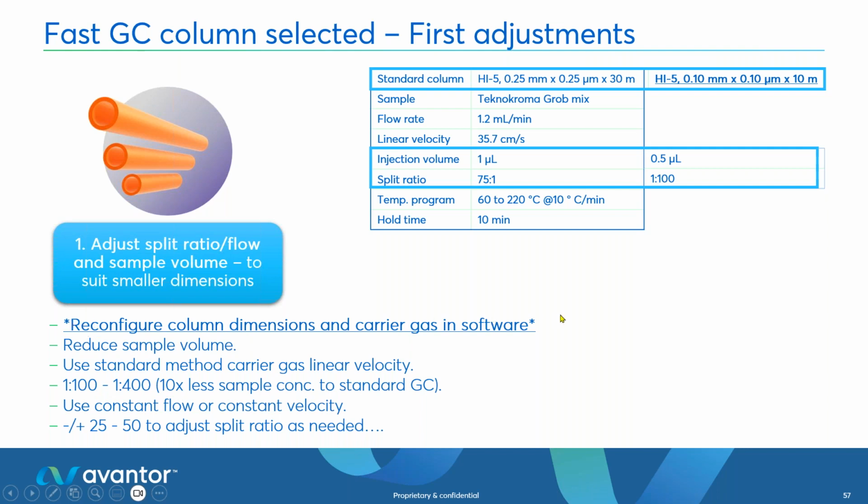We need to reconfigure the column dimensions and the carrier gas in the software, especially if we're moving to hydrogen. And we just want to reduce everything down. So we want less sample going in there. We want a higher split flow. And again, use constant flow or constant velocity, not constant pressure. And then you can see the first adjustments: we've reduced the injection volume and the split ratio, because the minimum is 1:100, to avoid saturating the column and to try and avoid excessive overload.